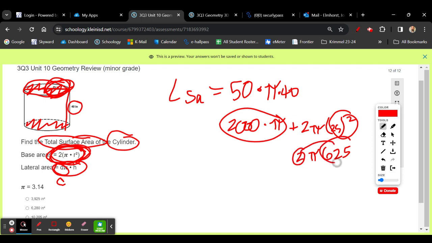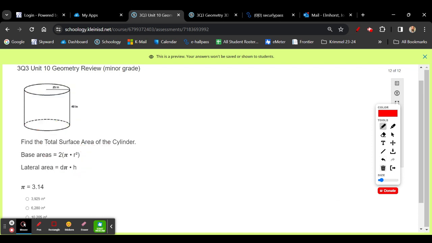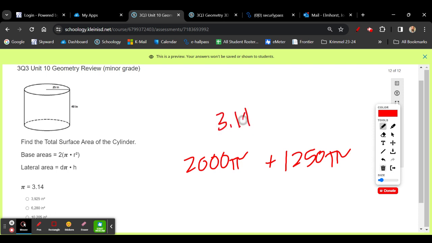So 2 times 625 is going to be 1250 times pi. So 1250 times pi plus 2000 times pi. So you're going to multiply each one of those by 3.14 and then add for the total surface area.